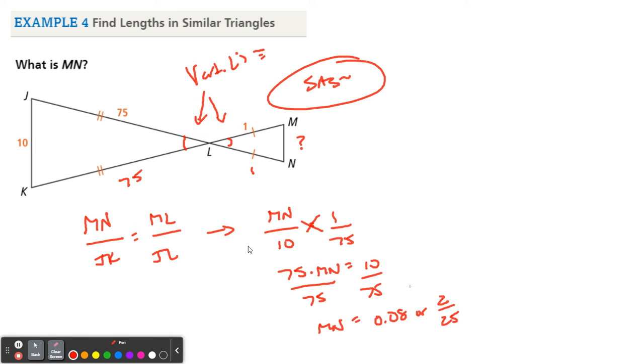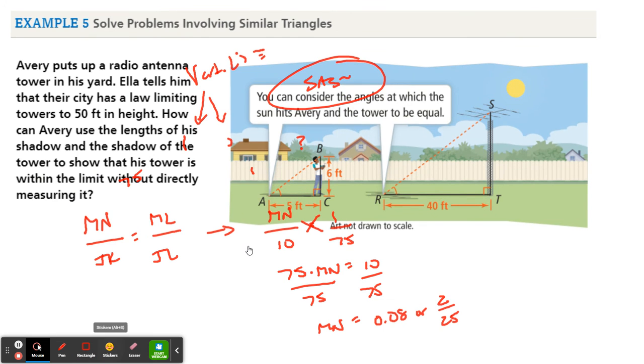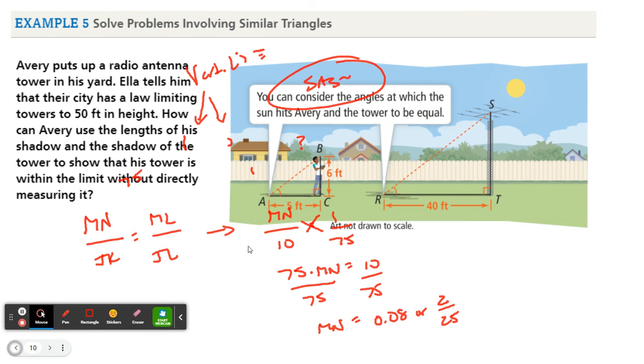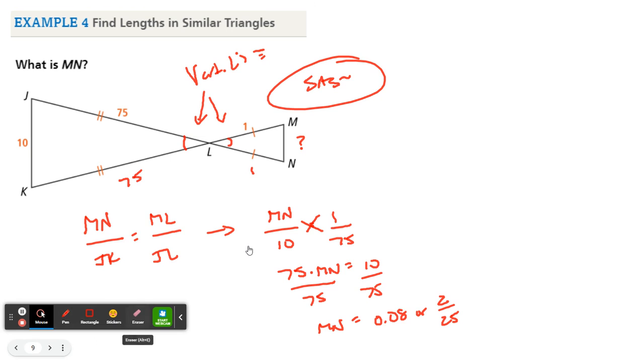Divide both by 5, so that'd be 2 over 15. Sorry, 2 over 15. My bad. Oh, let me go back. Slow down. This would be 2 over 15. And let me double check. 2 over 15.